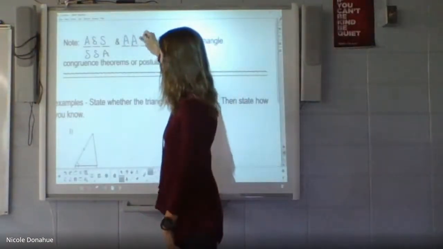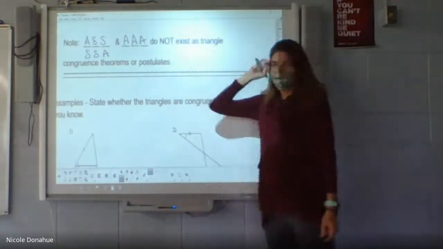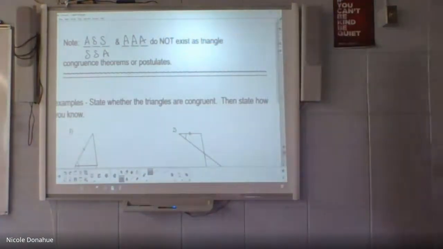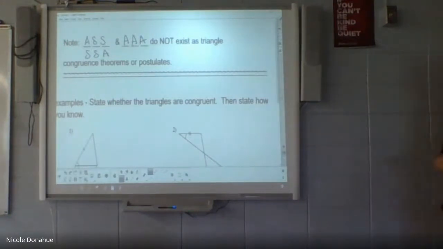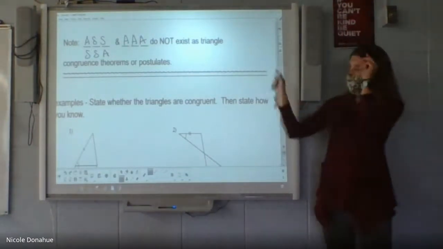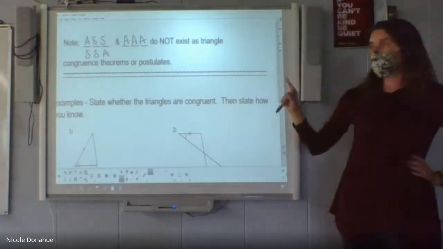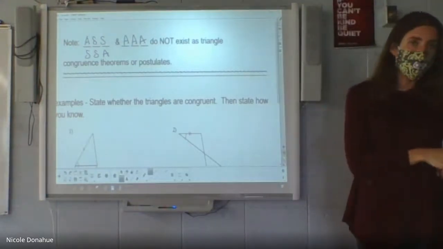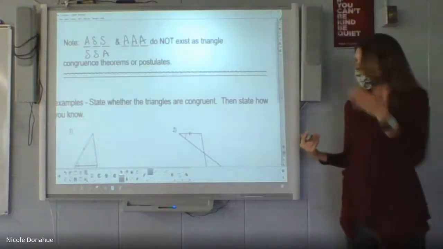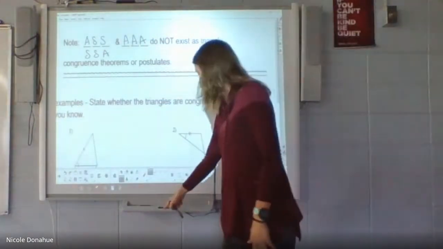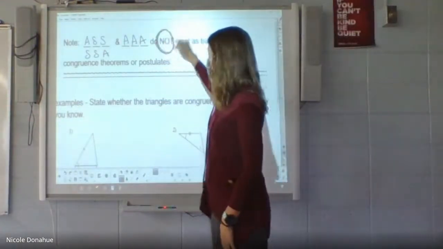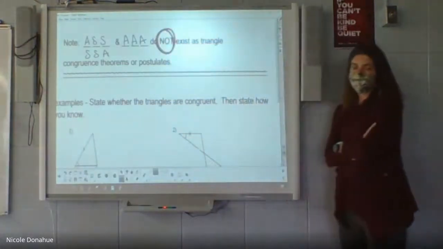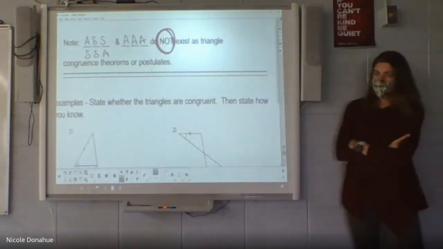Triple A. Angle, angle, angle does not work as a way to prove that triangles are congruent. So if you do a problem and you say, oh, it's true by angle, angle, angle, that's not one that works. So these are ones that do not work. Make sure you realize that they are not properties we want to use.